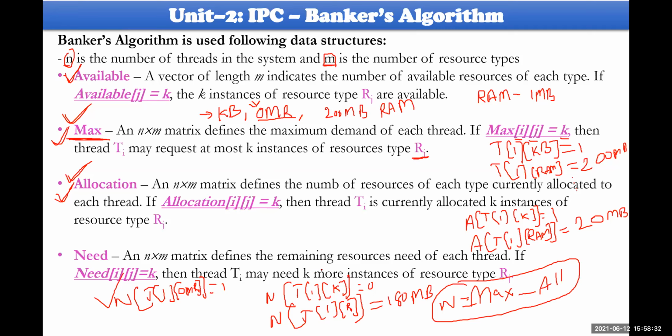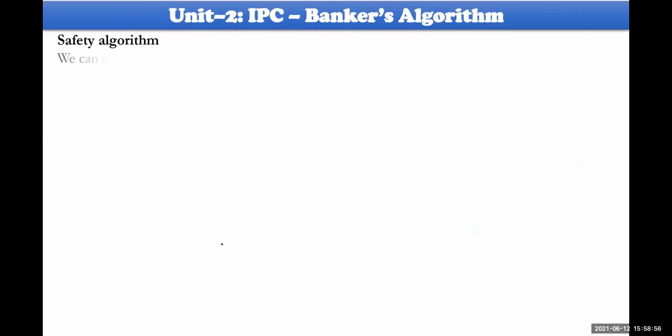Based on these data structures, two algorithms come into place while a number of threads are being executed. One is the safety algorithm, and the second one is resource allocation. Let us go ahead with the safety algorithm.